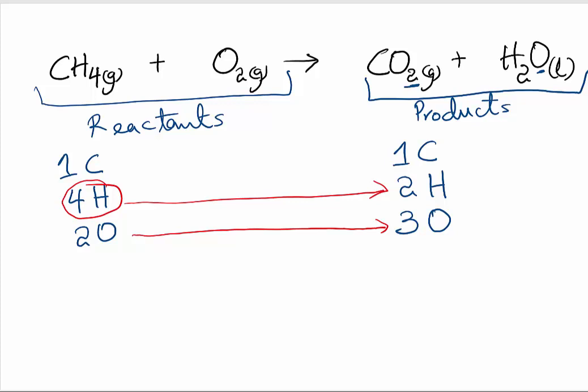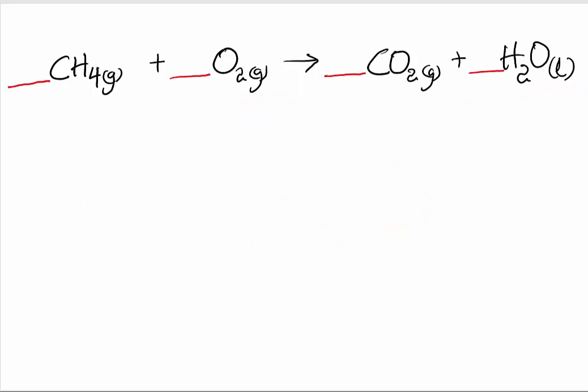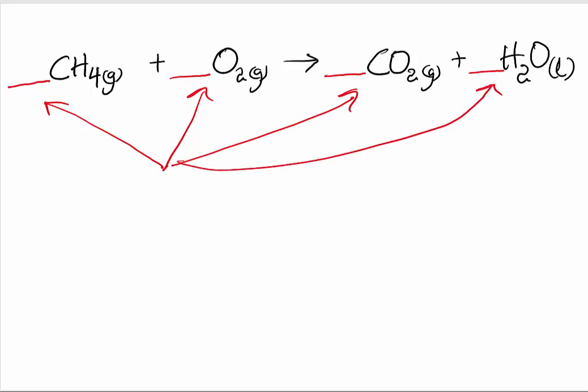Now, how do we make this equation obey the law of conservation of mass? We will balance the equation. And what we mean by that is that we will place some numbers in front of the molecules.